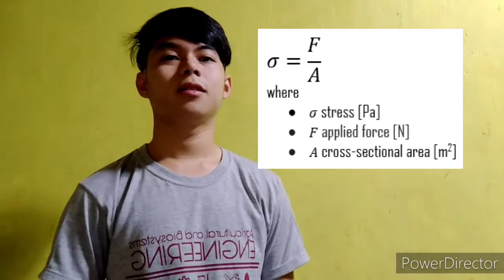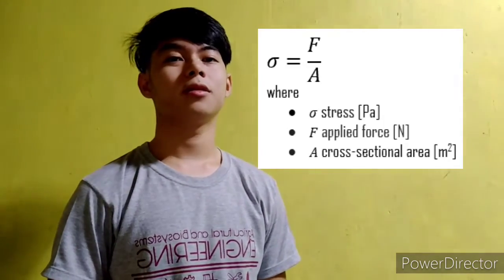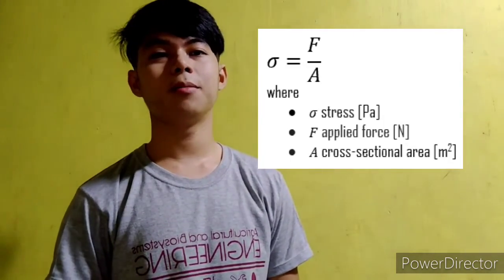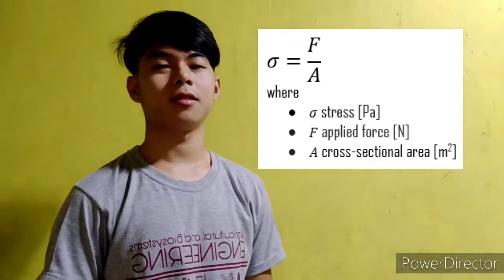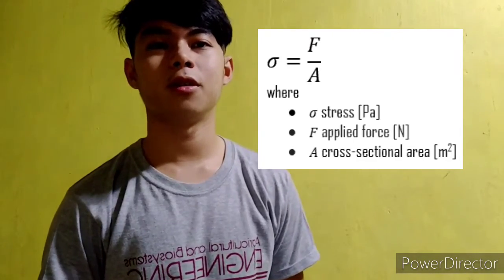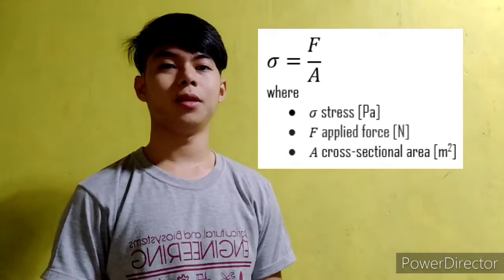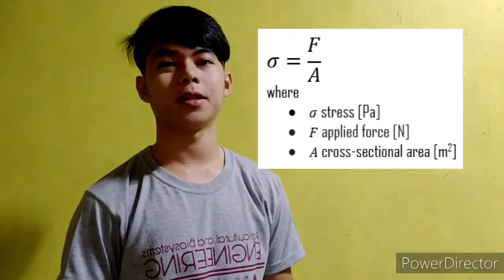To solve tension or compressive stress problems, the formula is the force on a member divided by the area. So the answer will have a unit of Newton per millimeter square, or megapascal.